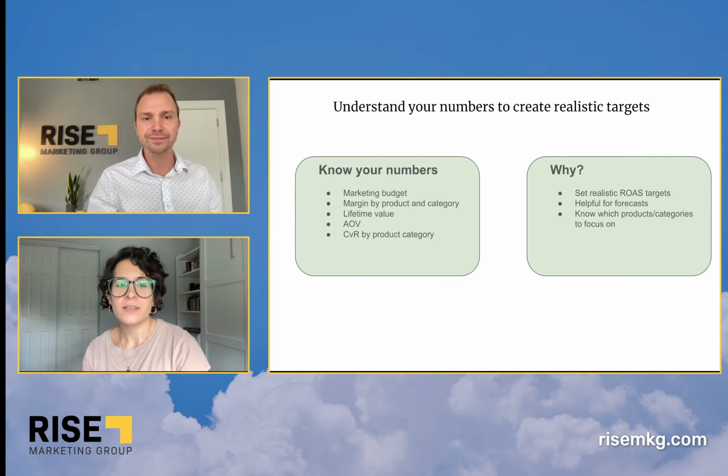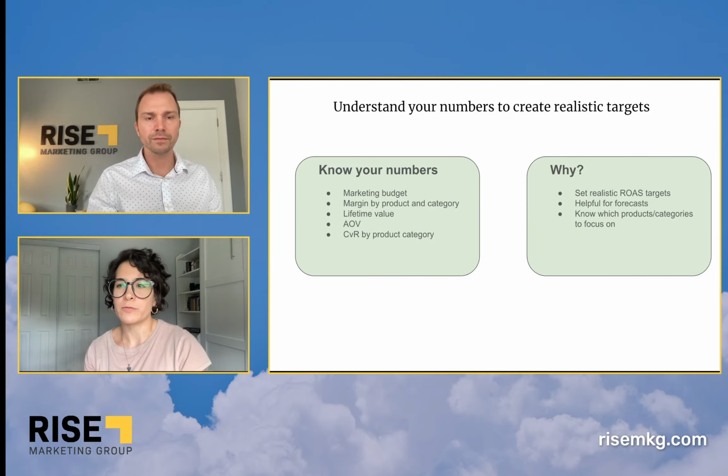Yeah, no, I think these numbers, this is the basic. Why we think about these numbers is your account structure, your campaign structure should reflect all of this information, should reflect your business stage as an advertiser. So for example, as you mentioned, knowing your margin by product category will help you understand, okay, how many campaigns should I have?